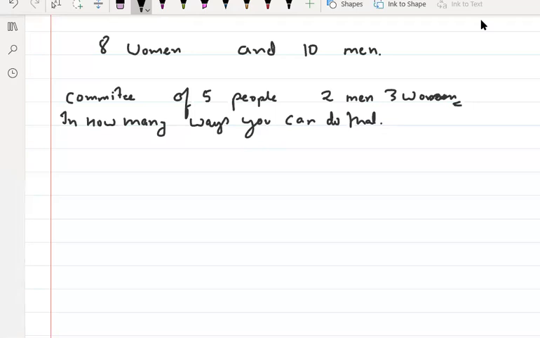Use the concept of combination that we have studied till now. Think. This is a very easy question.